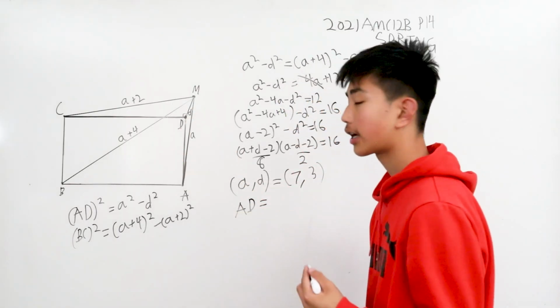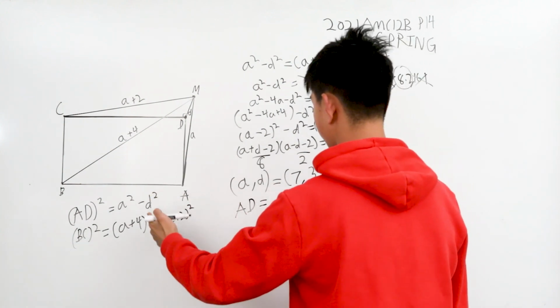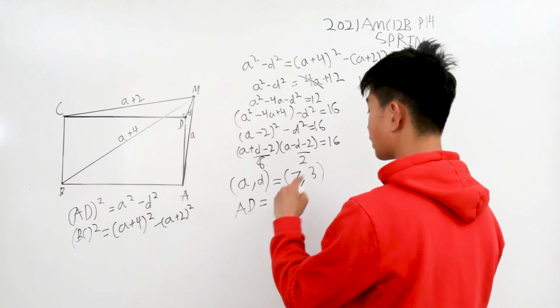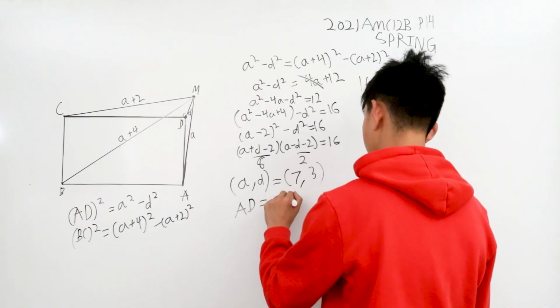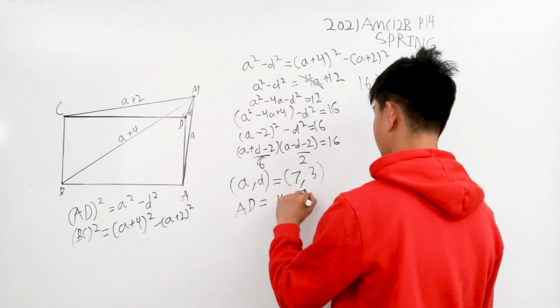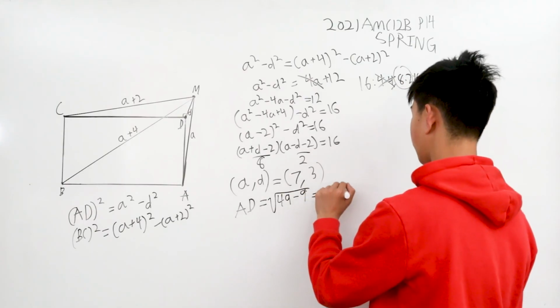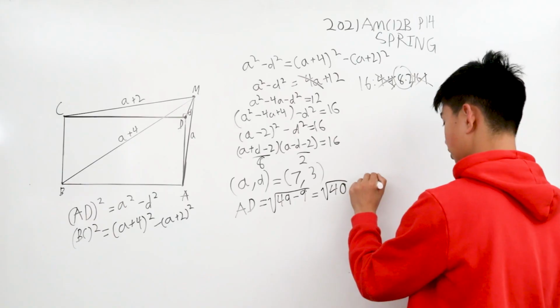We use the Pythagorean theorem again. This is the square root of A squared minus d squared, so the square root of 7 squared, 49, minus 3 squared, which is 9. Take the square root. You get that AD is square root of 40, or 2 root 10.